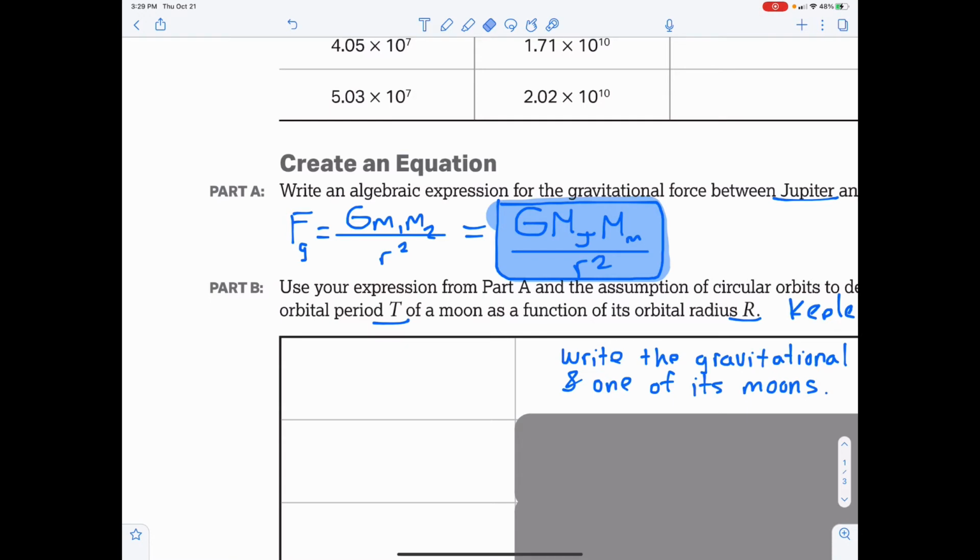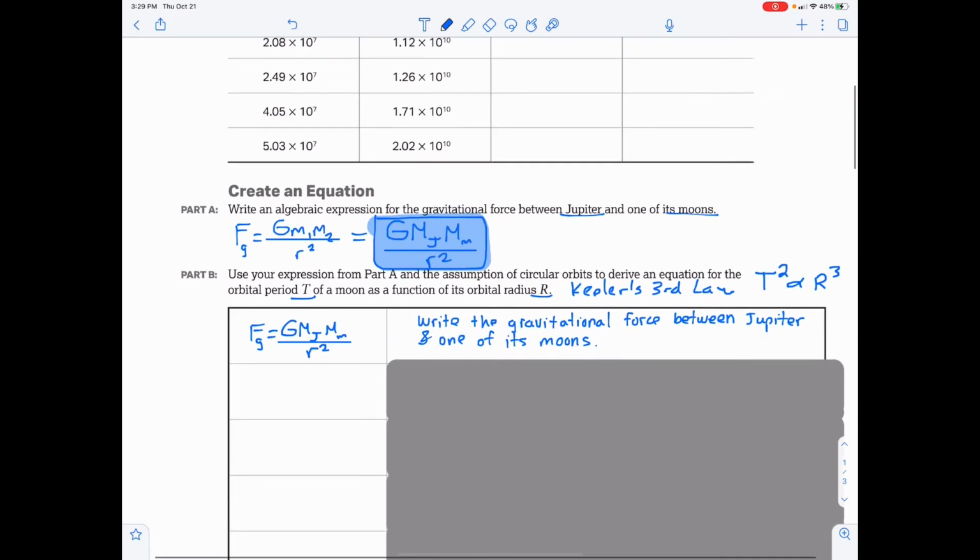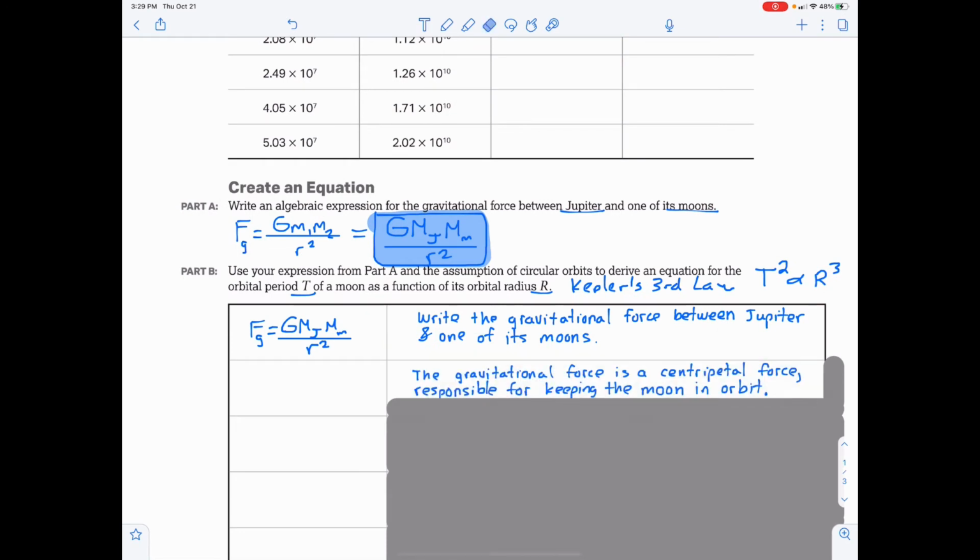So F sub g is equal to big G M_J M_m over r squared. The gravitational force is a centripetal force responsible for keeping the moon in orbit. What does that look like?